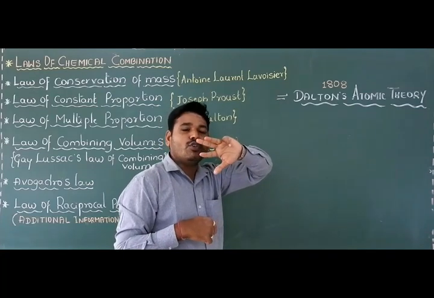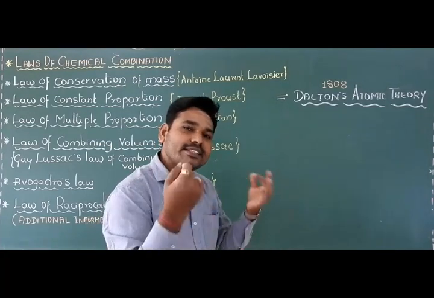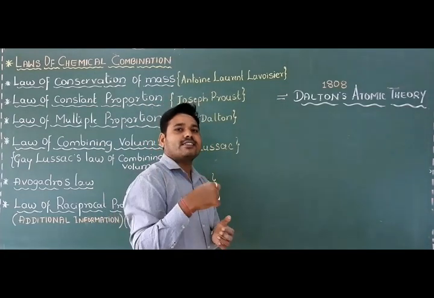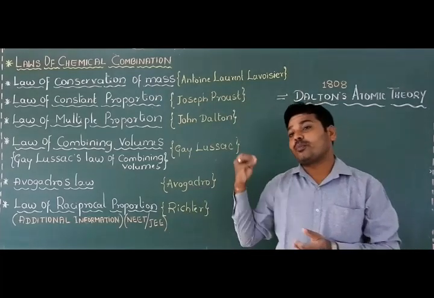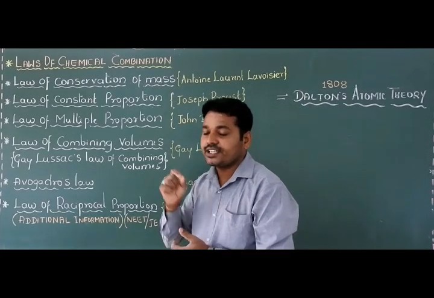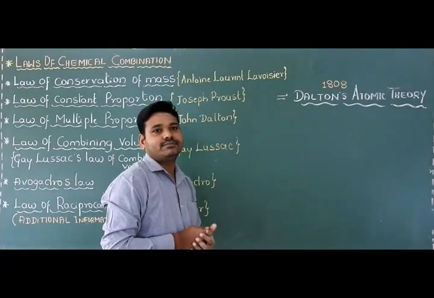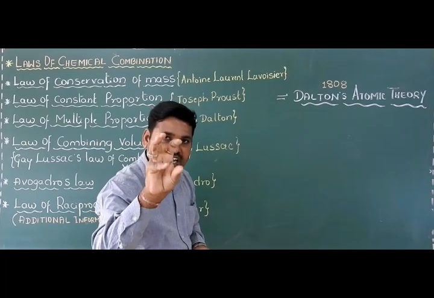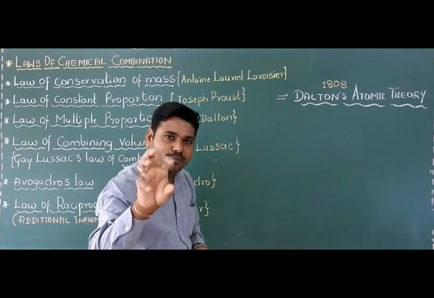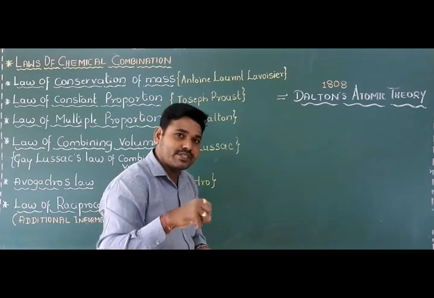Now the fourth one: atoms of the same element exhibit the same properties, whereas atoms of different elements exhibit different properties. Listen to this fourth postulate carefully. Atoms of the same element: a carbon element is made up of a number of carbon atoms, a number of identical atoms.